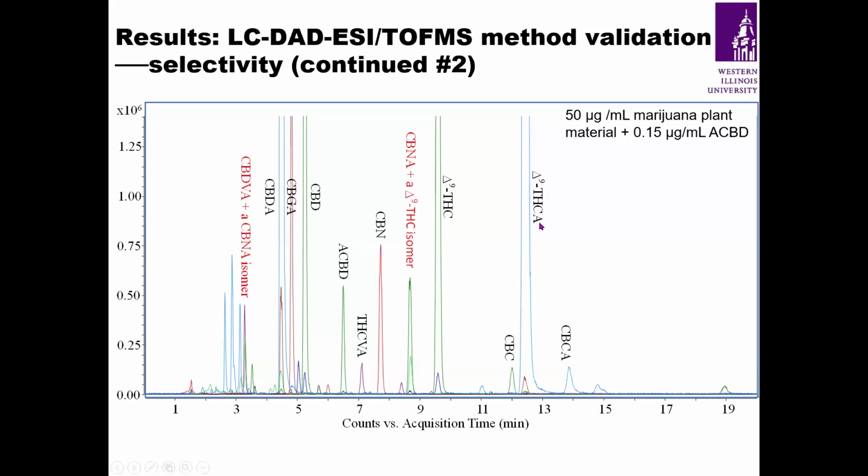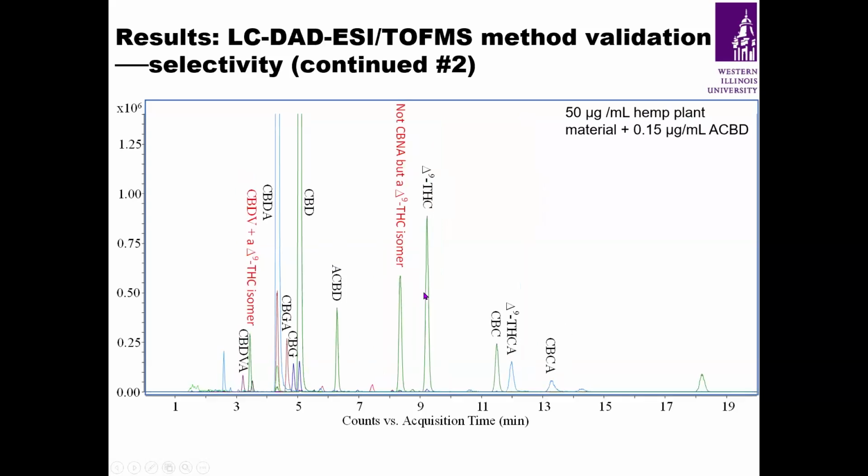This chromatogram demonstrates the interference to quantification at close to LLQ level. You can see here, CBDVA coeluted with a CBNA isomer, and here, 2 peaks, CBNA coeluted with a delta-9 THC isomer. However, both pairs didn't have the same UV absorption spectrum.